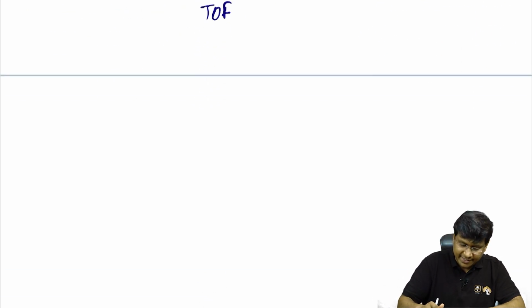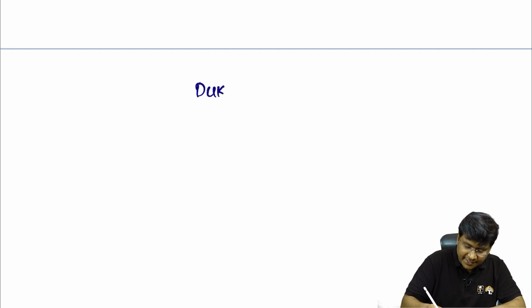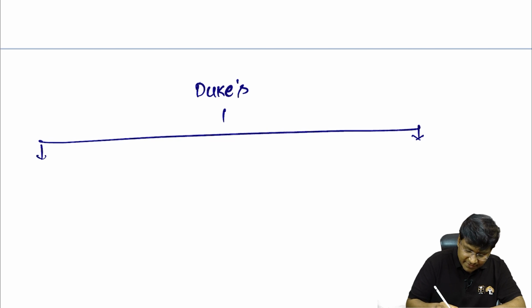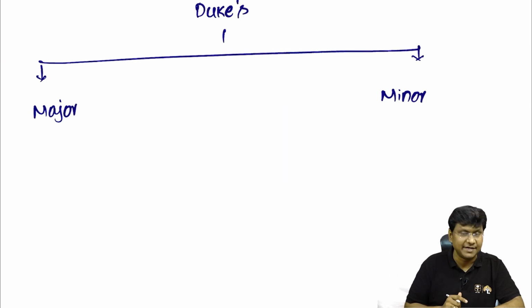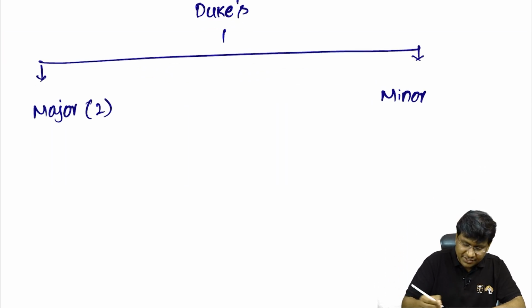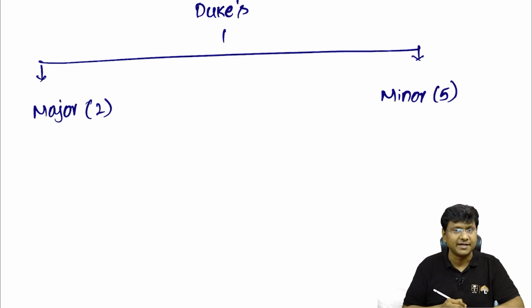Now, what is the criteria for infective endocarditis? It is the modified Duke's criteria, in which you have the major criteria as well as the minor criteria, right? You have 2 important major criteria and 5 important minor criteria.